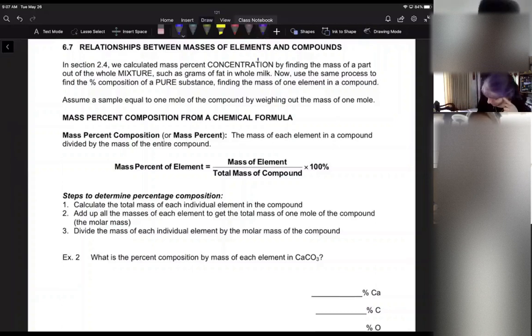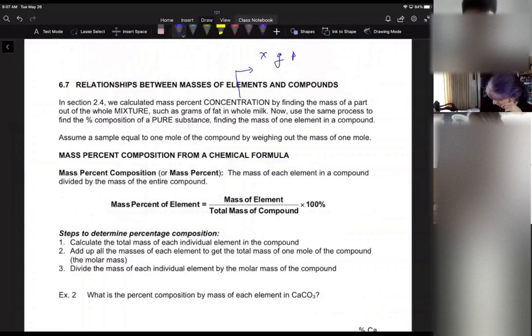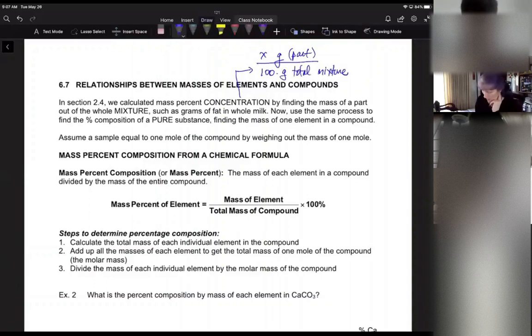This one we would have grams of one thing over 100 grams total mixture. Now we're going to be looking at the percent composition in a pure substance. So we're looking at the elements in the compound.